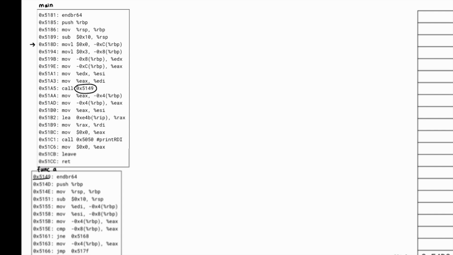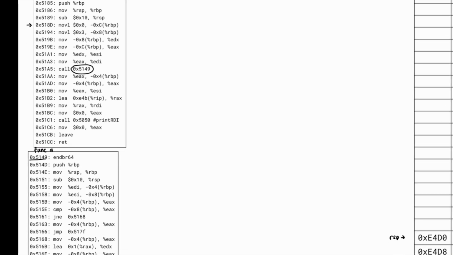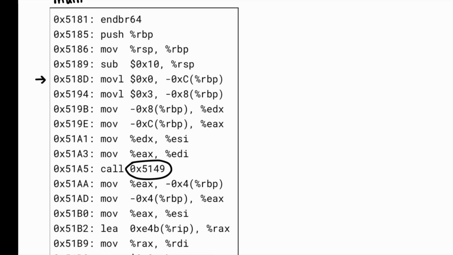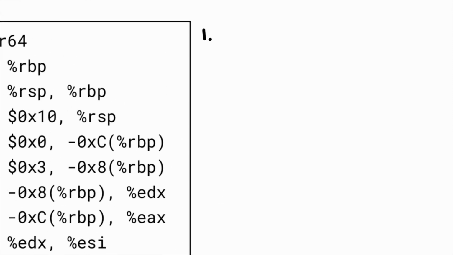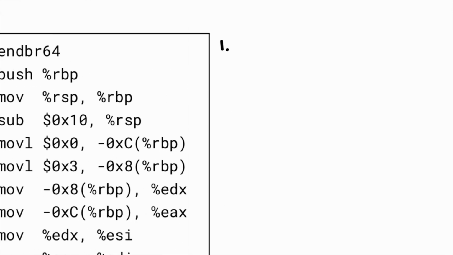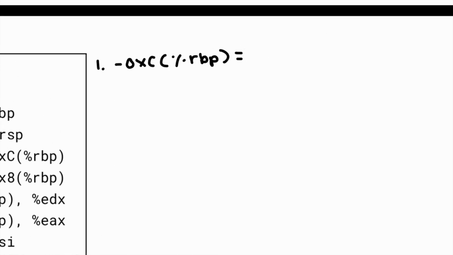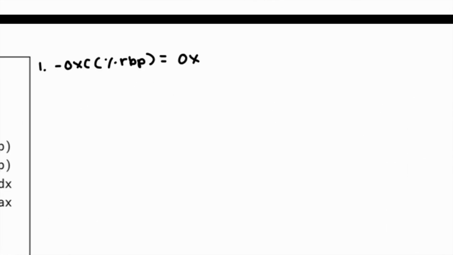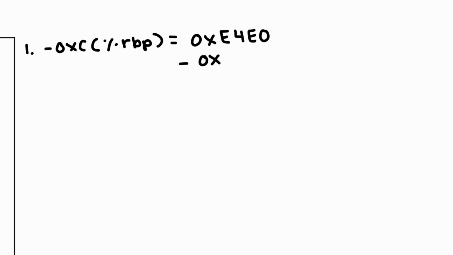Now we can get started with actually going through that assembly and seeing what's happening. Our first instruction is to move 0x0 into -0xc(RBP). To calculate this address, -0xc RBP is equal to RBP E4E0 minus 0xc.